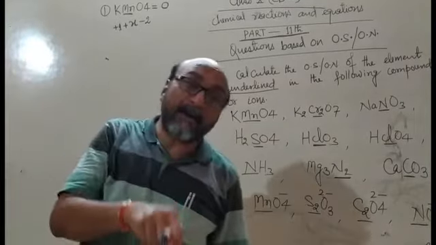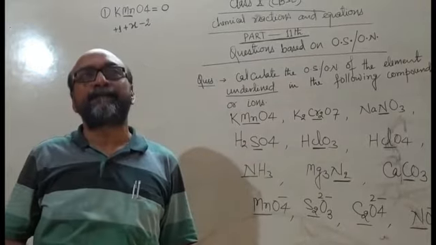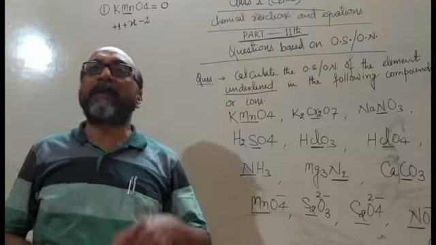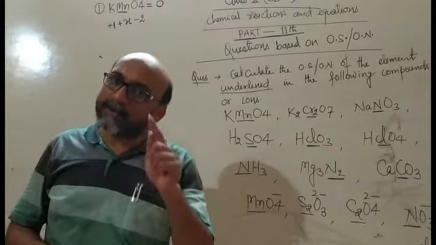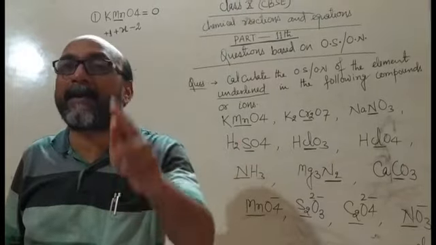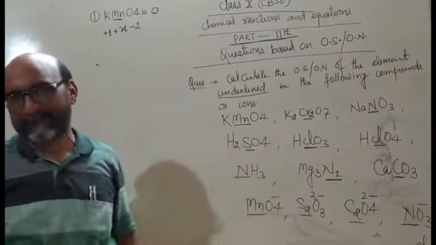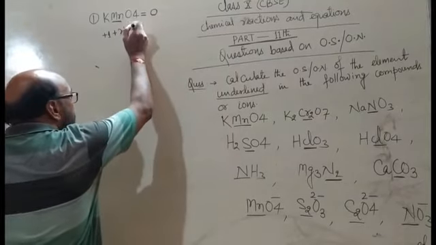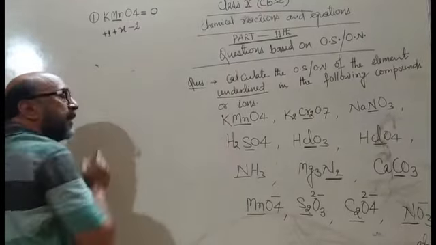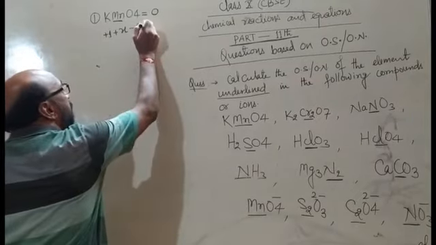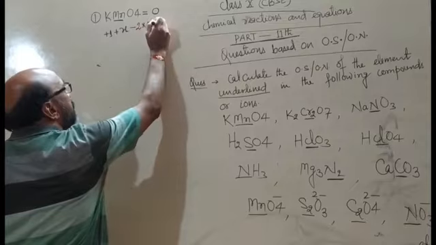We have defined oxidation state, in which we have learned the oxidation state is always calculated per atom of the element. Here the oxidation state of oxygen is -2 for one atom of oxygen, and there are 4 atoms in this molecule.